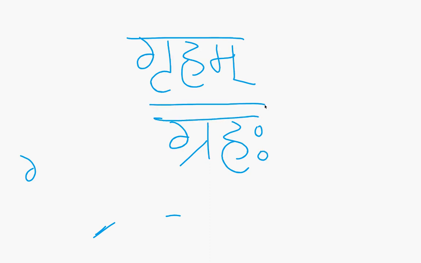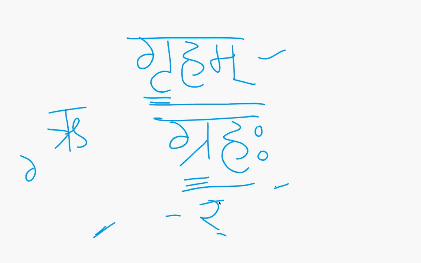Graham is home or house. Graha is a Pullinga word. Graham is a Napunsakalinga word. Graha is Pullinga, it is a planet. In Graha we have the Ru, which is a Swara. In Graha we have a Refa, which is a Vyanjanam.